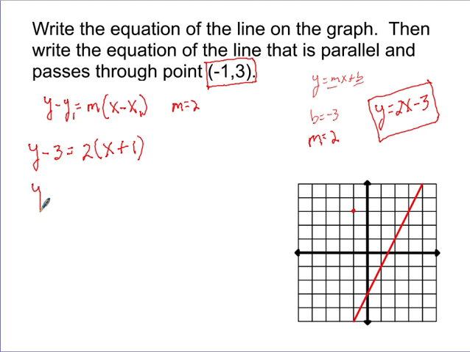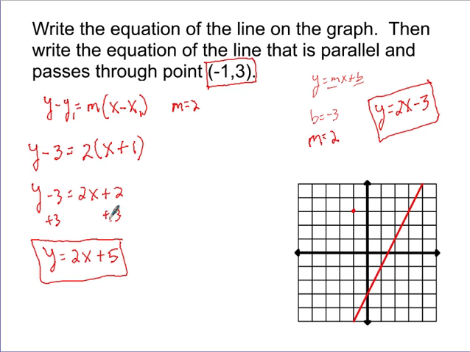And then just solve for y. Y minus 3 equals 2x plus 2. Add 3 to both sides. Y equals 2x plus 5. So that's the answer to this last part of the problem, the line parallel that passes through this point.